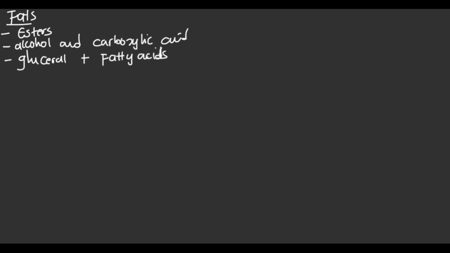From the names, we can see that the fatty acids are carboxylic acids. Then glycerol represents the alcohol. That's why we conclude that fats are esters, made from alcohol and acids.